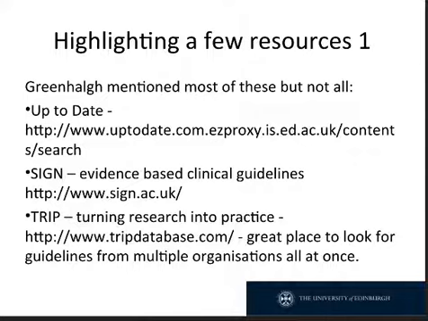These are clinical guidelines that are based on very extensive systematic literature reviews, and the way the recommendations are indicated with strength of related evidence is very interesting. And if you haven't tried TRIP before, I recommend that you have a look at TRIP. That's Turning Research into Practice. It's not a very auspicious name, TRIP, is it? But think of it as the TRIP database, and it's a really good one-stop shop.